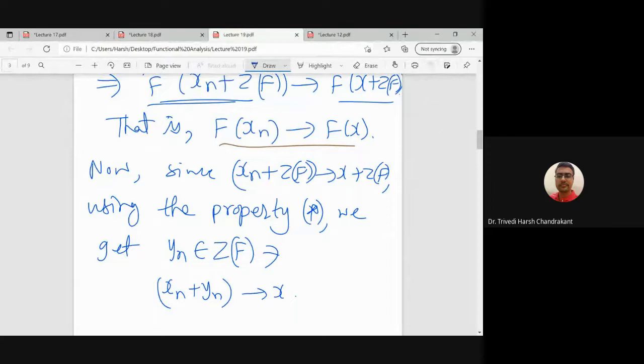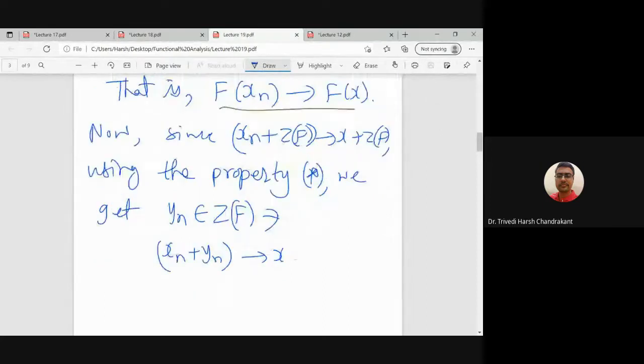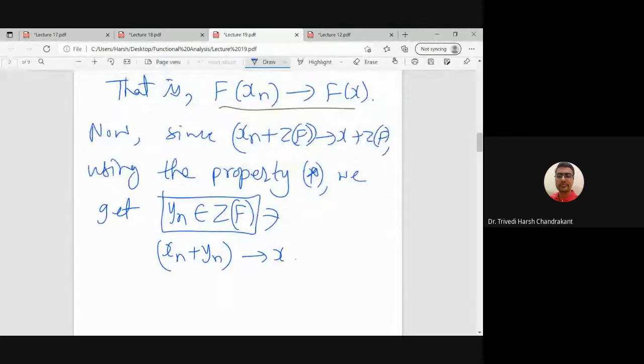So this sequence converges to x. Now we know that yn belongs to the kernel of f, so when we apply the function it becomes 0, right?